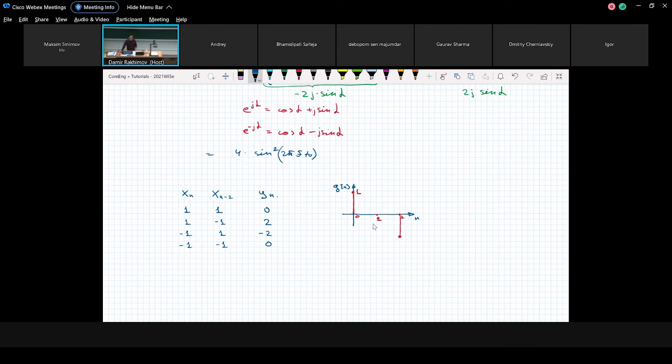So what's the probability that we get 0? 1 by 2, yeah. And what's the probability that we get, say, minus 2? 1 by 4. And based on this, we can easily plot the probability mass function.